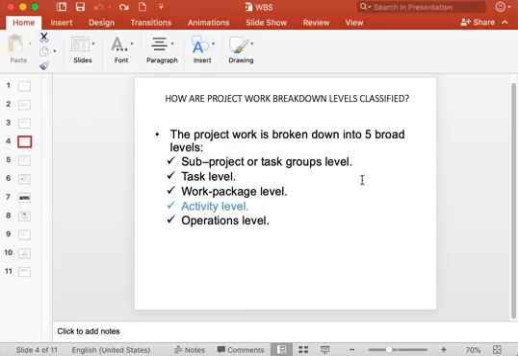So, at the top level is the sub project or task group level.